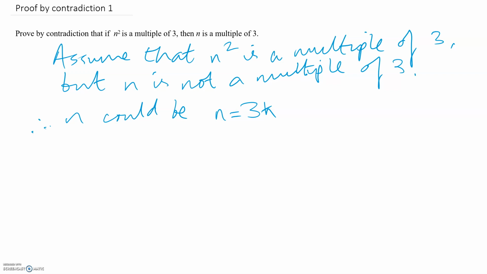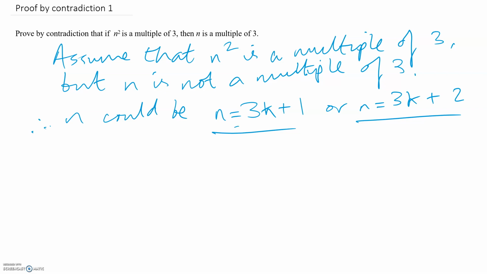So if n is not a multiple of 3, it could be 3k plus 1, or n could be 3k plus 2. So neither of these two numbers, whatever k is, it doesn't matter because k is an integer, would be multiples of 3.